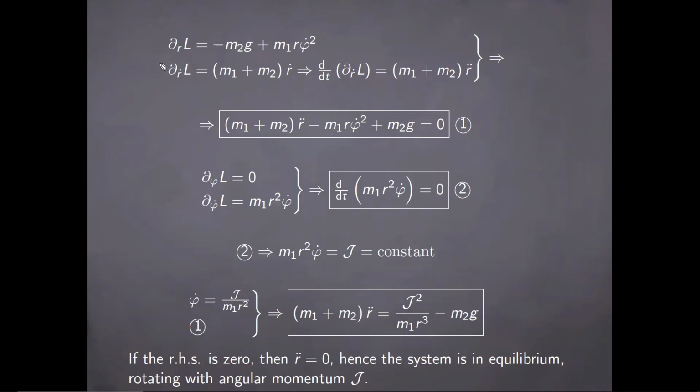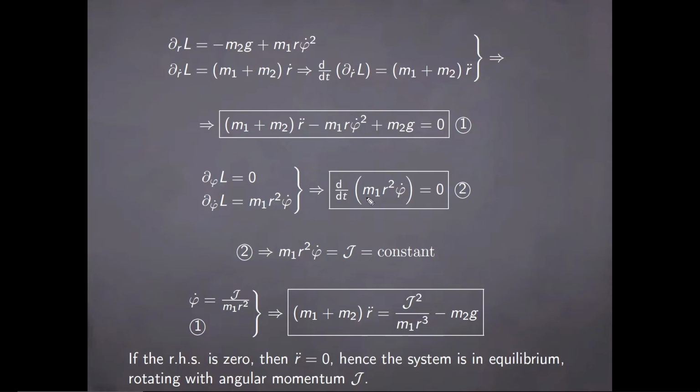And I can start deriving the equations of motion for the r and phi coordinates. For r, the equation is given in the box labeled with 1, and for phi, the equation is the boxed result labeled with 2.